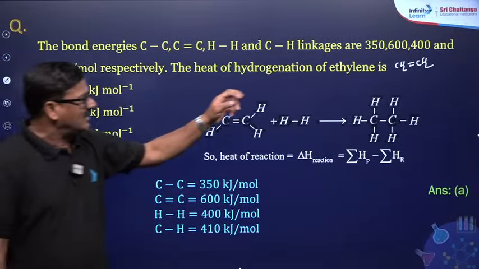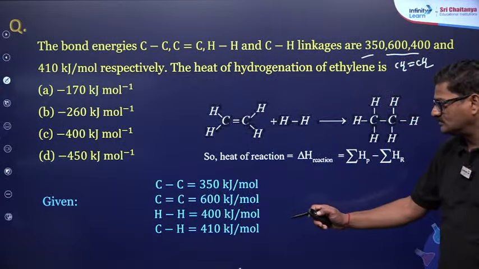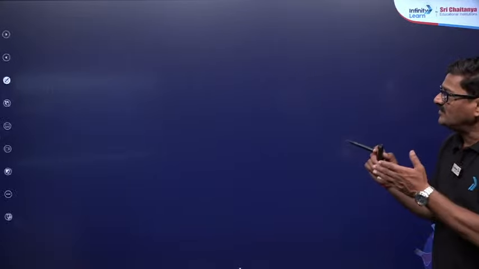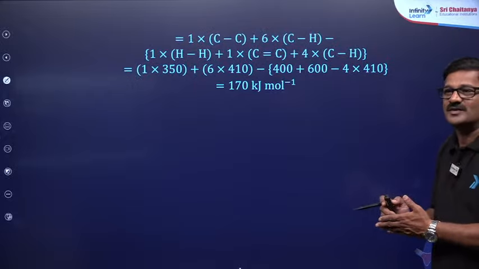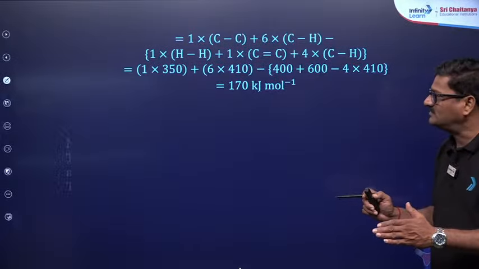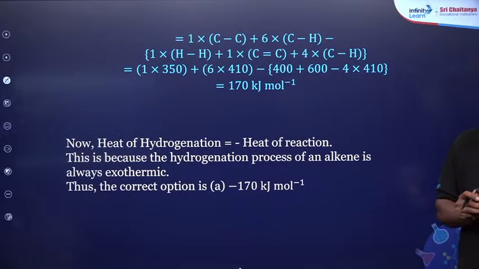Any doubt? These are the values, you just trace it out. 410 carbon to hydrogen का. And if you plug it directly, you're going to get 170. Okay, in a different format of the numericals, right? So now the heat of hydrogenation is going to be minus heat of reaction.